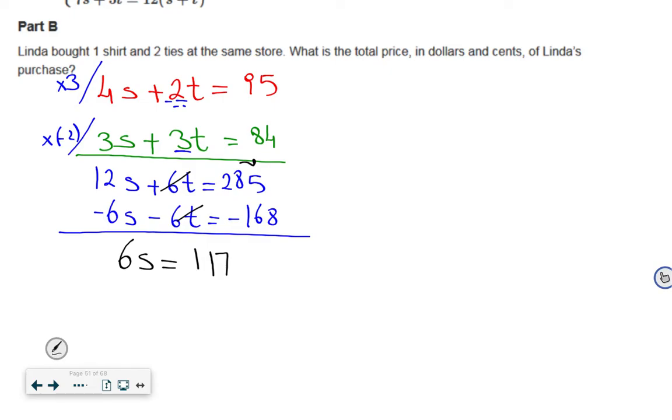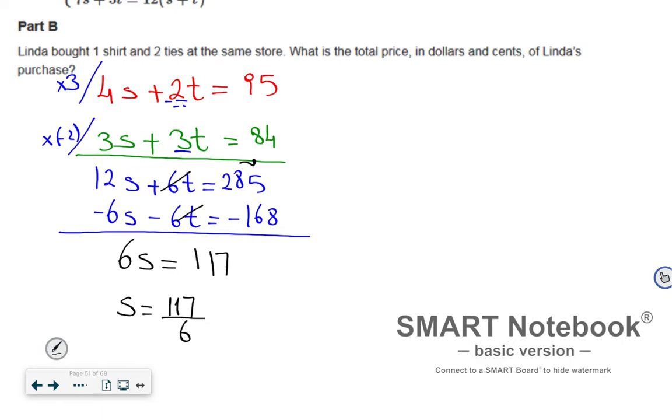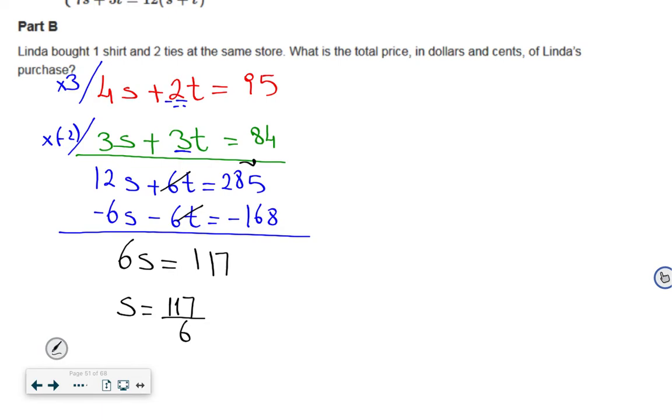When you divide both sides by 6, you will get S is equal to 117 over 6. What does this mean? 117 divided by 6 is going to be $19.50. Now I found 1 shirt price.